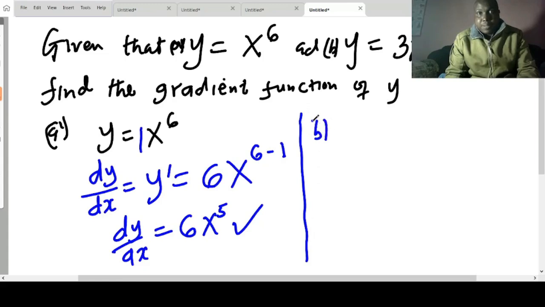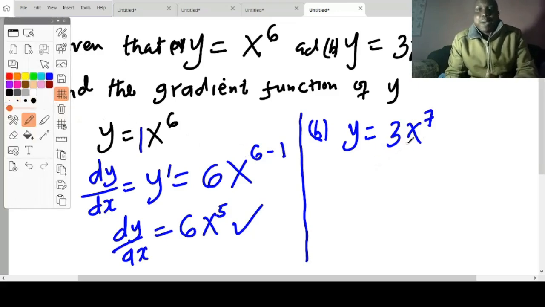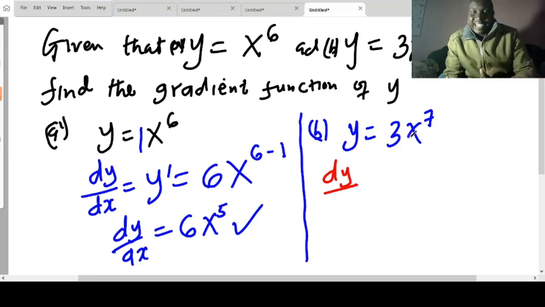My part B, we have y is equal to 3x raised to power 7. So you realize that in this case, our power is 7, the base is x, and the coefficient of x is 3. Rule number 1, dy over dx, because on the left side we have y, on the right side we have x.